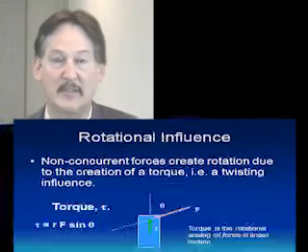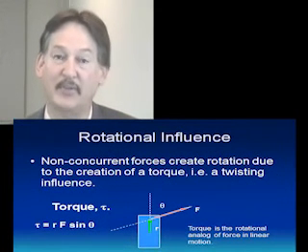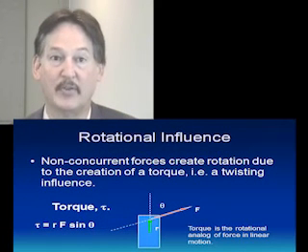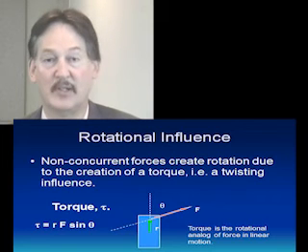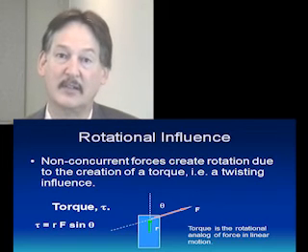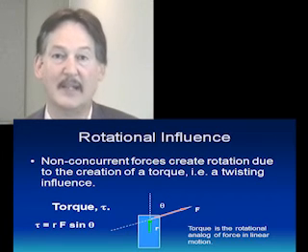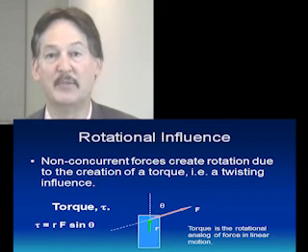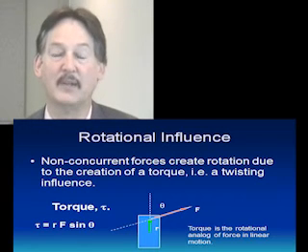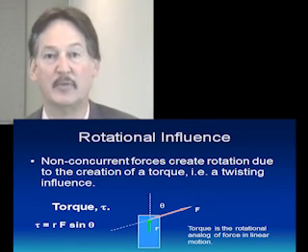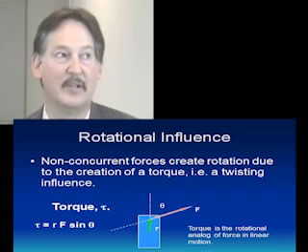The rotational influence that results from this non-concurrent force is called torque. Torque is the analog of force in linear motion. In other words, where we had force in linear motion responsible for linear acceleration, we will now have torque in rotational motion responsible for rotational acceleration.